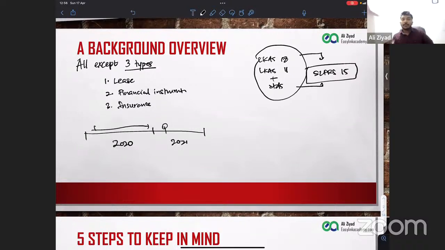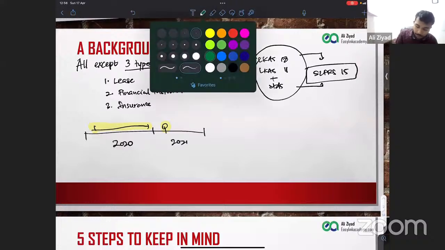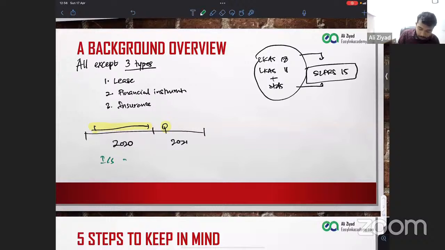Tell me, which year's income statement will this rent be recorded in? Will we record it in the income statement of 2021 or the income statement of 2020? Tell me.